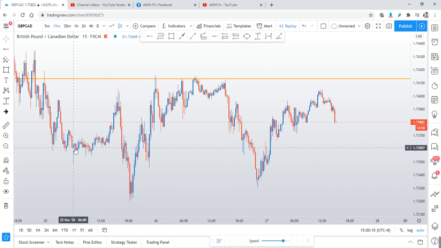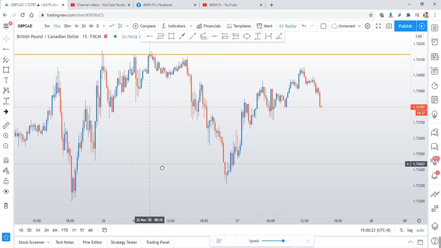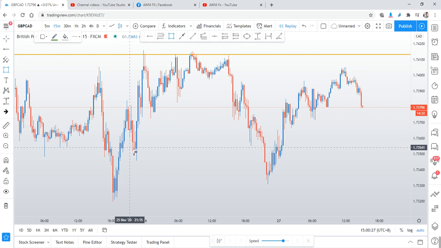The price came down, went up, came down, and then it broke the previous high, so this is qualified as a QM. Then the price slowly came back down. Same thing, there is a bullish engulfing over here. So I placed my trade at this point, and then it got stopped out immediately.